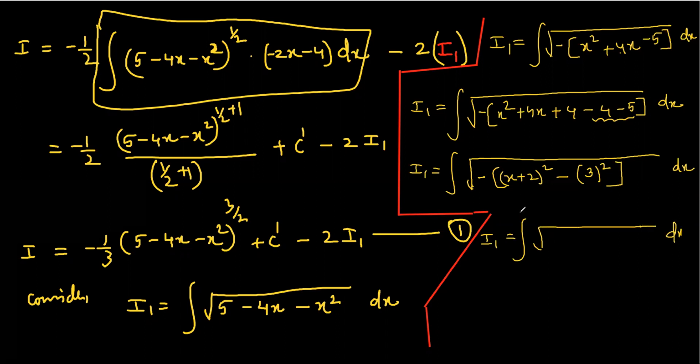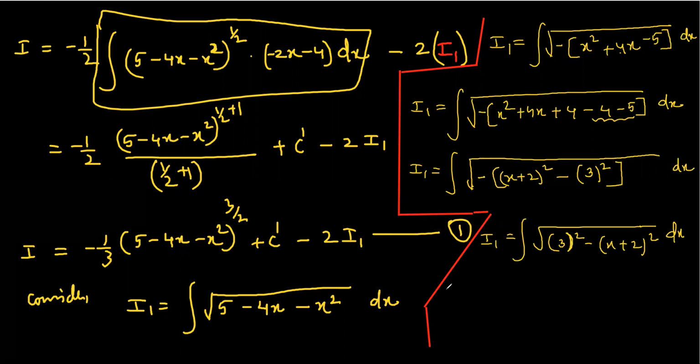I see here variable squared minus constant squared. It will become constant squared minus variable squared, that is 3 squared minus (x plus 2) the whole square. Okay, and what is it now, students? It is the standard theory, that is square root of a squared minus x squared.